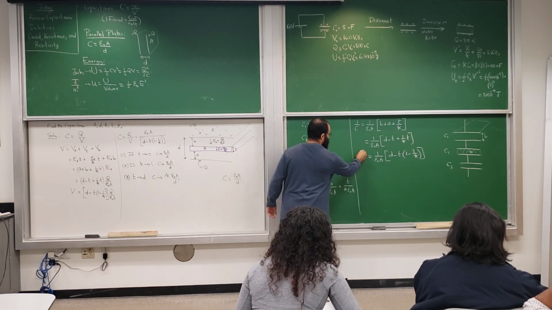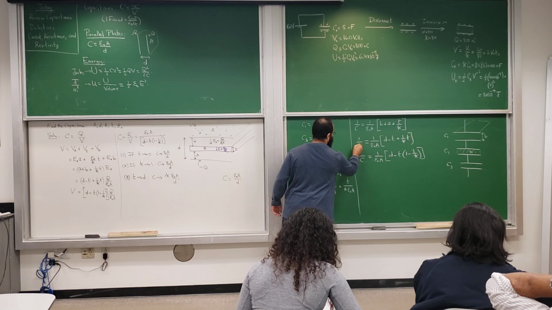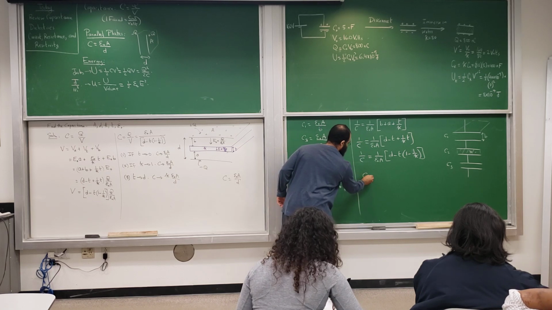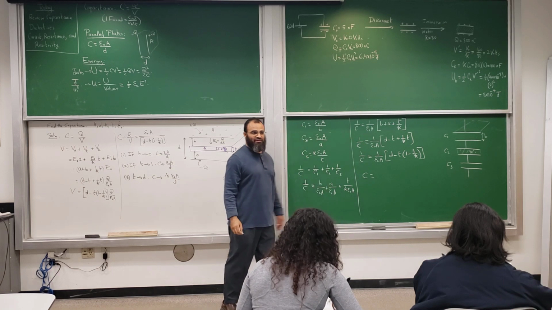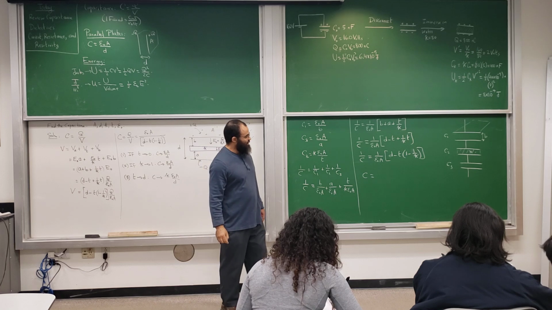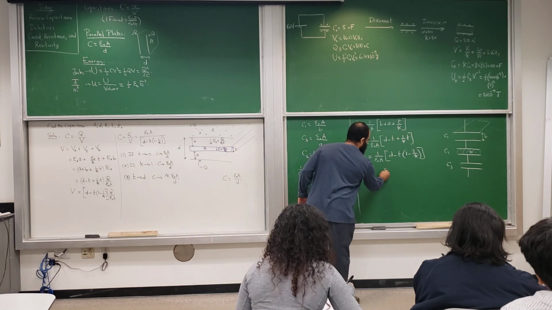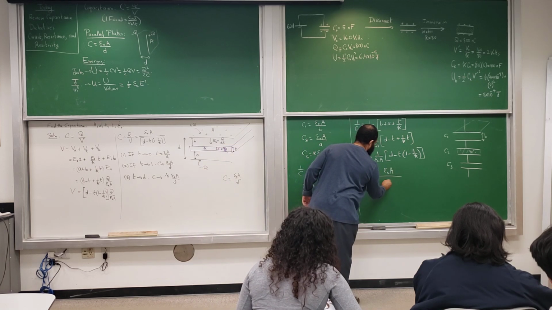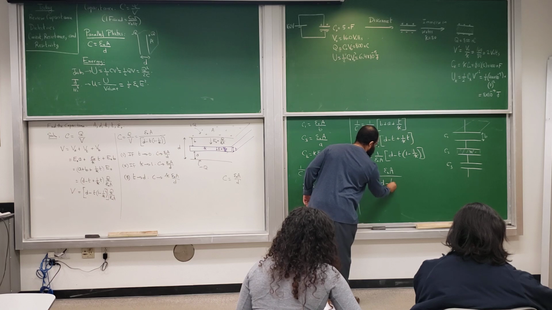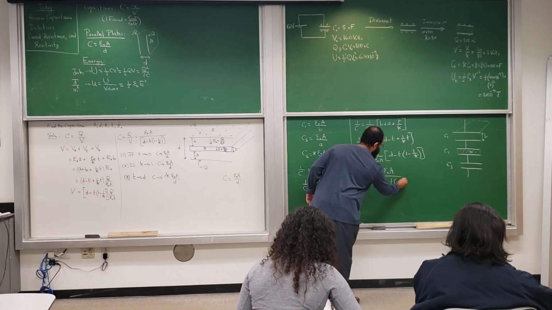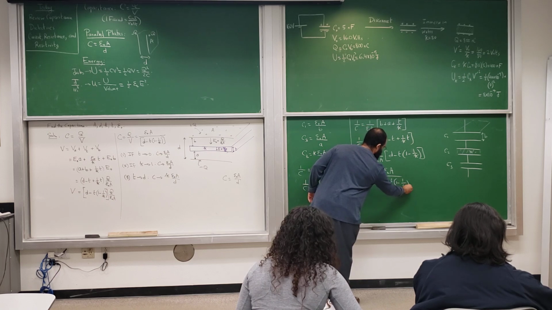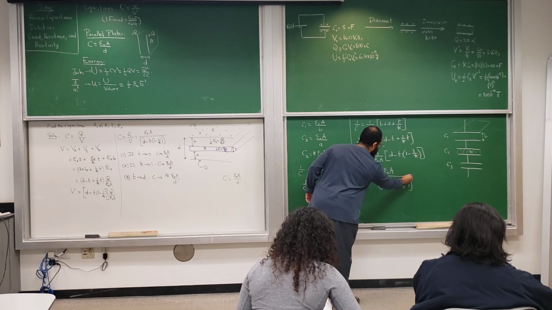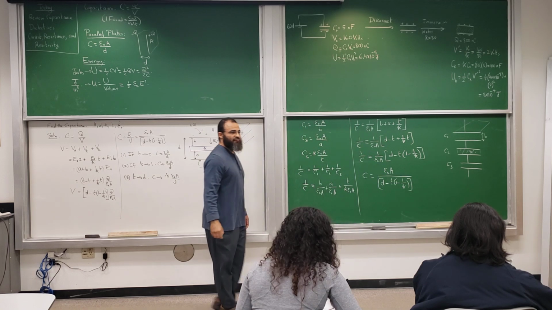So that's 1 over C. So C would become what? You have to take the reciprocal of both sides. So you get epsilon naught times A over B minus T times 1 minus 1 over kappa. The same.